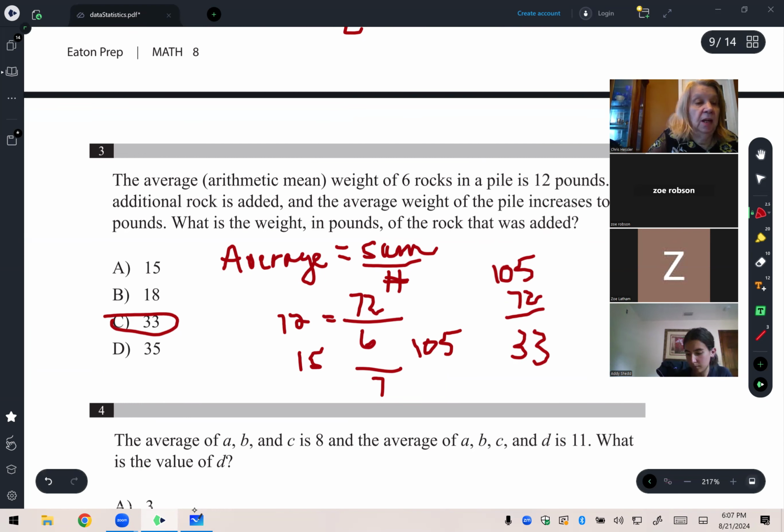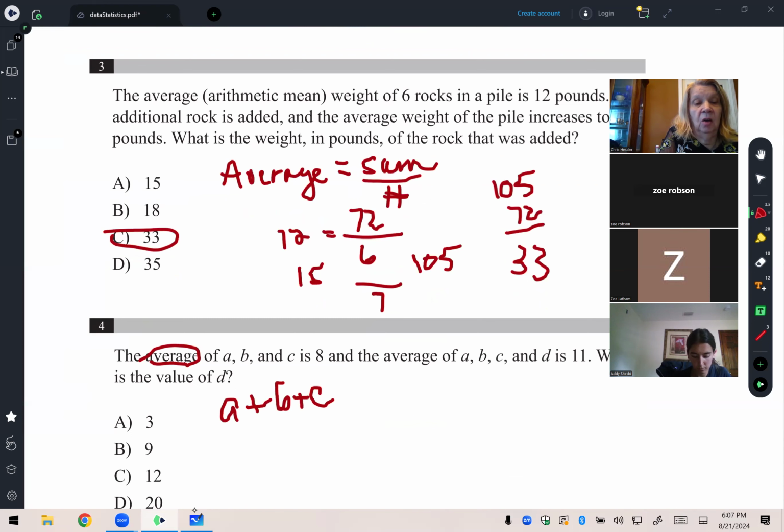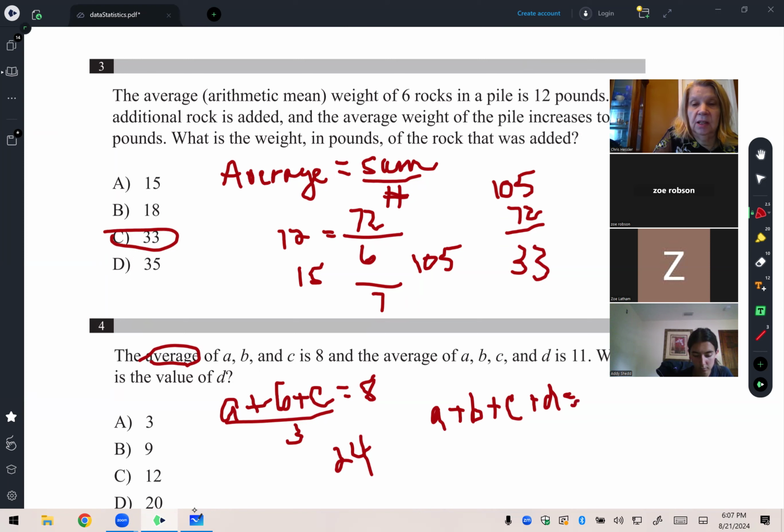Okay, let's do this last one. So again, we want the average. So that'll be A, B, C over 3. The average is 8. So those add up to 24. And I know you probably did this a while ago, except for Zoe that took statistics.